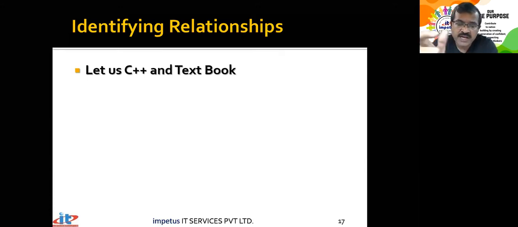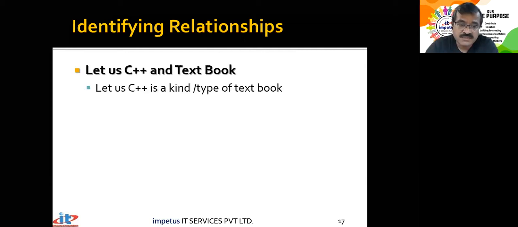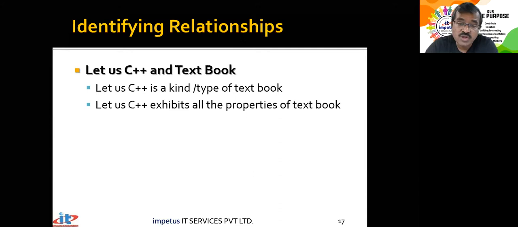The value of that attribute may be different, but it's still of the same type, Latest C++. So Latest C++ is a kind or type of textbook. It exhibits all the properties of a textbook: author, price, edition, date of printing, number of pages. So it's a class relationship and inheritance.